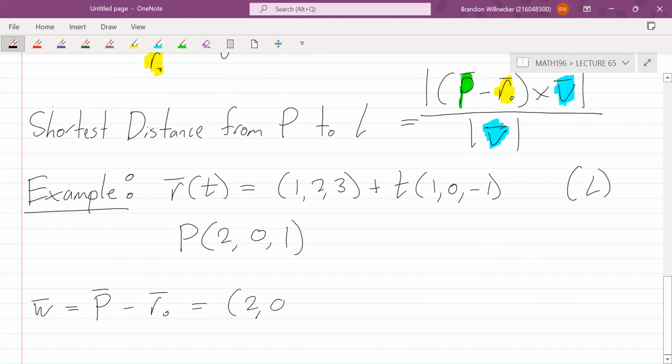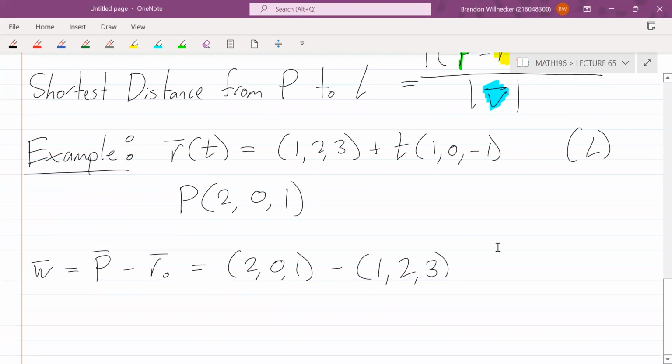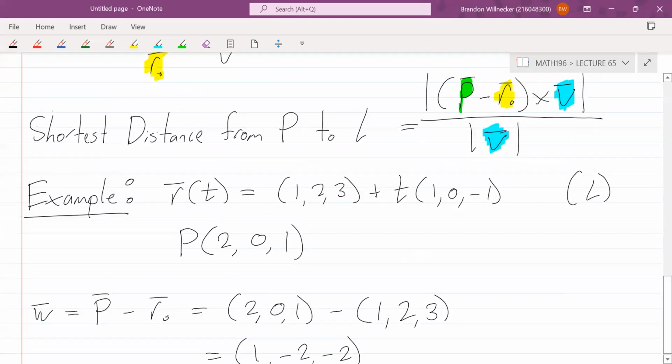That's (2, 0, 1) minus R naught, the first vector in the expression for R, the (1, 2, 3). We can subtract these. 2 minus 1, that's 1. 0 minus 2, minus 2. 1 minus 3, that's minus 2. So we've got our hypotenuse vector.